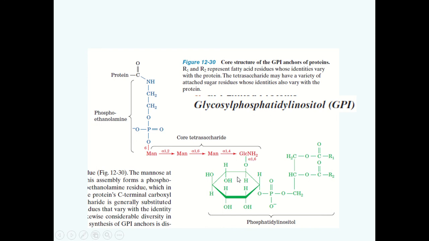With this phosphatidylinositol, there is a tetrasaccharide, a carbohydrate moiety which is attached, and then through this extension, it is linked to the protein. So these proteins are covalently attached to this phosphatidylinositol molecule, and the fatty acids of the phosphatidylinositol are embedded in the membrane.